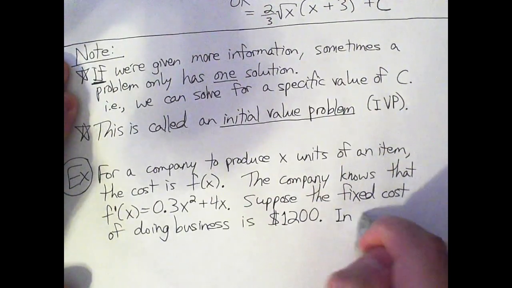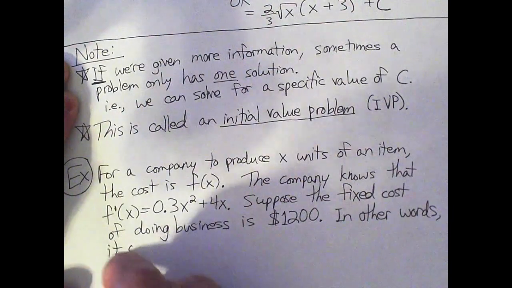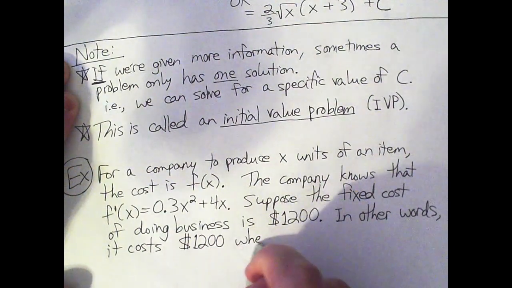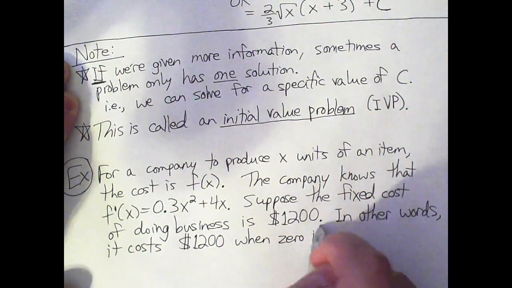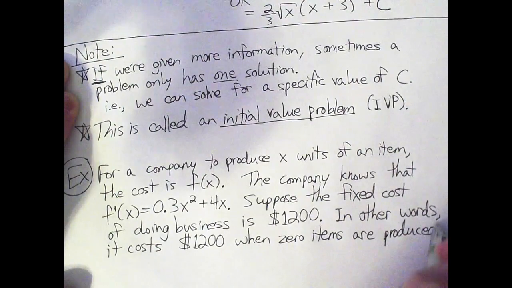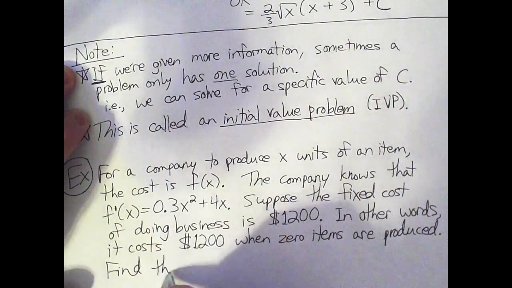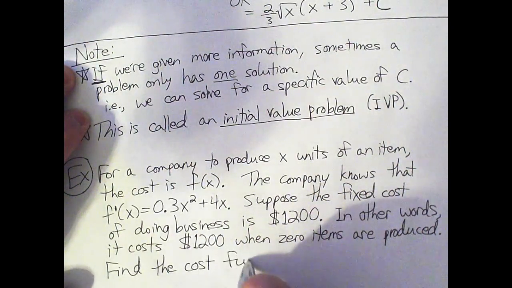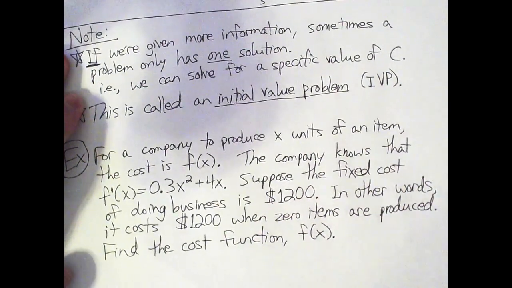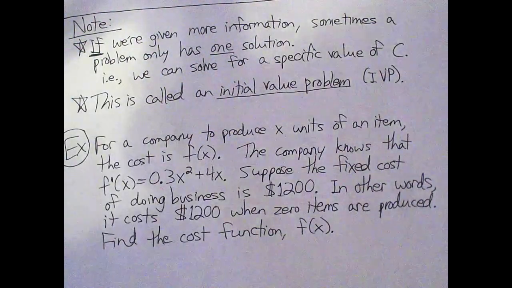In other words, it costs $1,200 when 0 items are produced. Find the cost function f of x. So I'm going to walk us through this. This is new for us, but this is an example of an initial value problem.